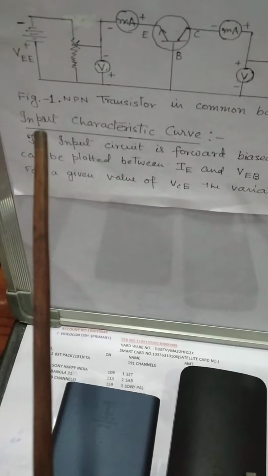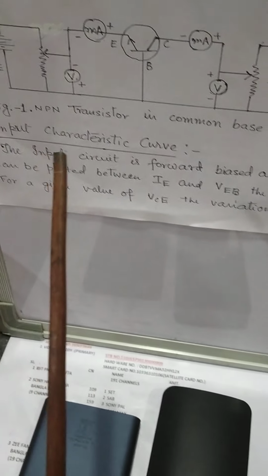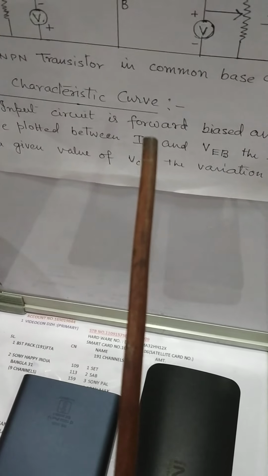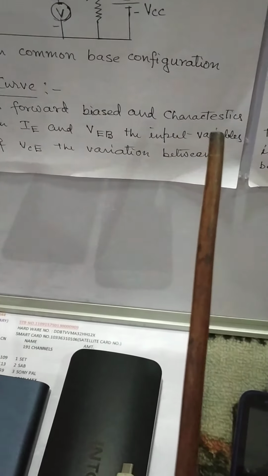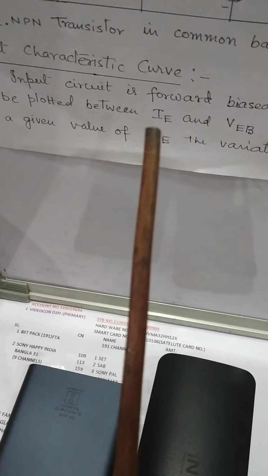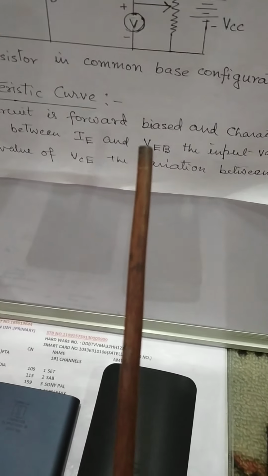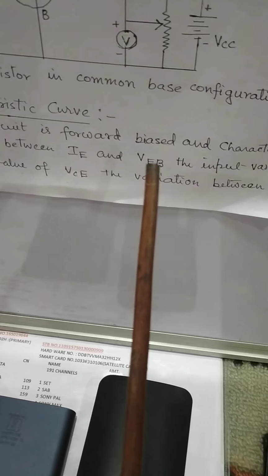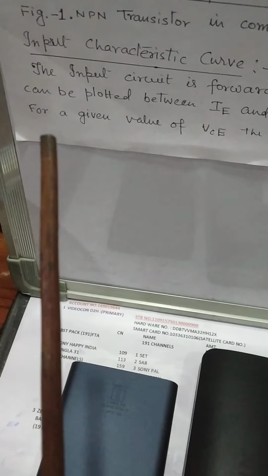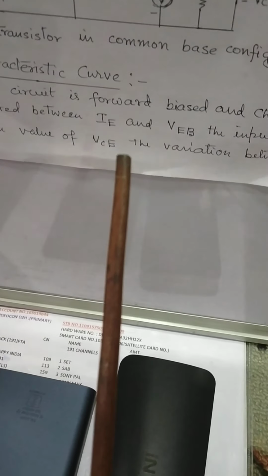Now let us start with the input characteristic curve. The input circuit is forward biased, and characteristics can be plotted between IE, that is emitter current, and voltage VEB between emitter and base in the emitter circuit for a given value of VCB.